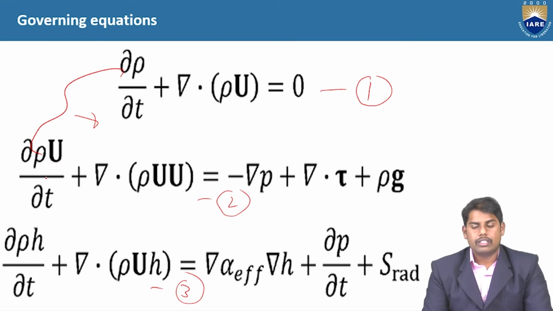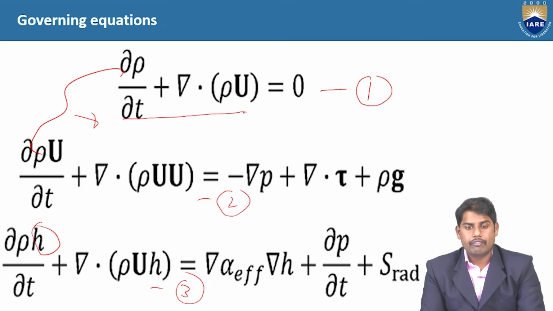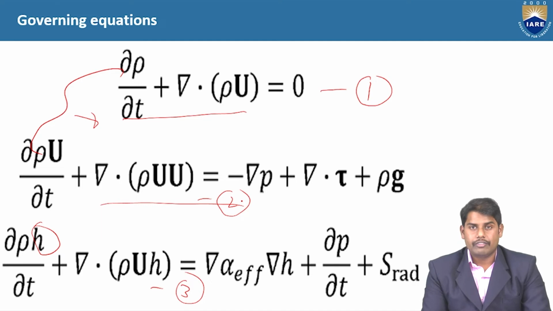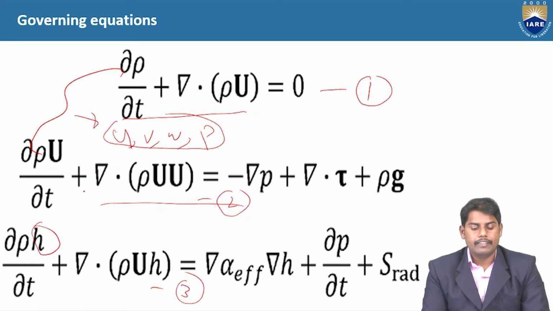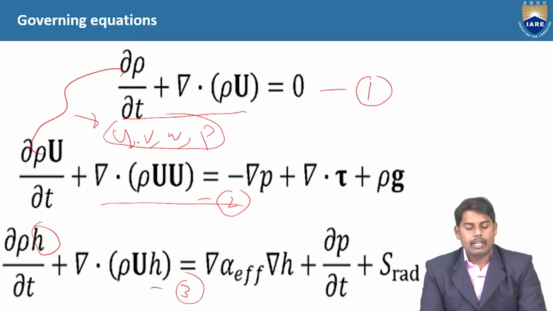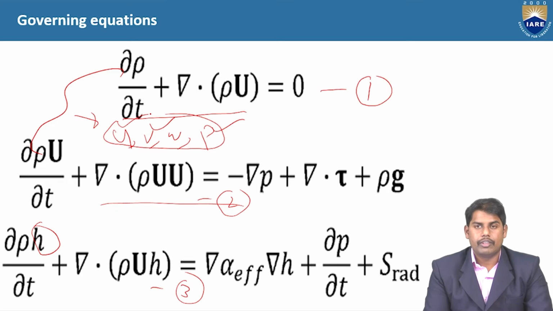Since the density is constant, you don't have any compressibility effect, so the energy equation will not come into the picture. Therefore solving equations 1 and 2 is sufficient to get the flow parameters: u velocity, v velocity, w velocity, and pressure. If it is a 2D problem, you will have only u, v, and p.